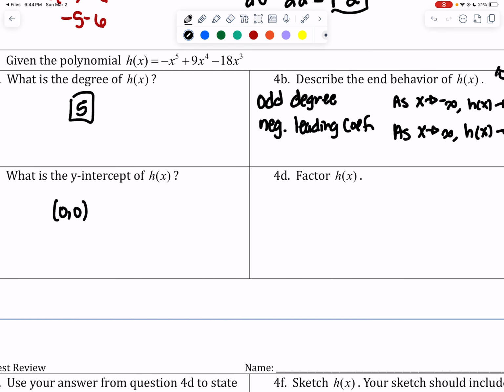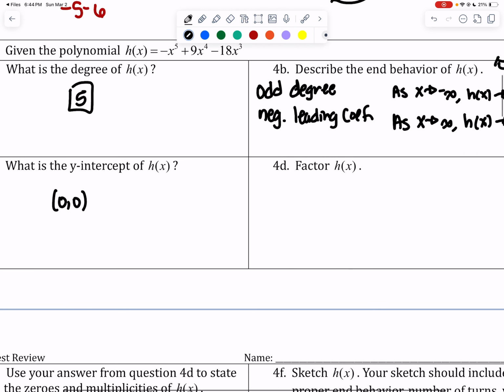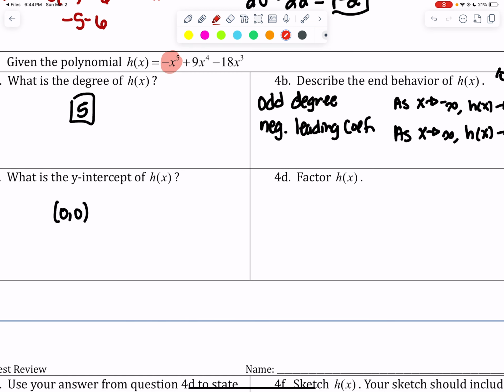All right. Part D says factor h of x. I'm going to factor that. You'll notice that we have a GCF of x to the third because all of my terms here have an x to the third. And because I kind of want my leading coefficient to be positive, I'm going to take out a negative x to the third, which is going to give me x squared plus 9x minus 18.